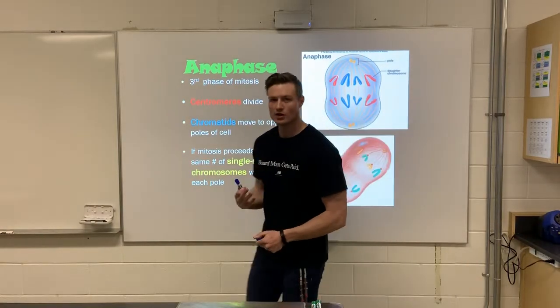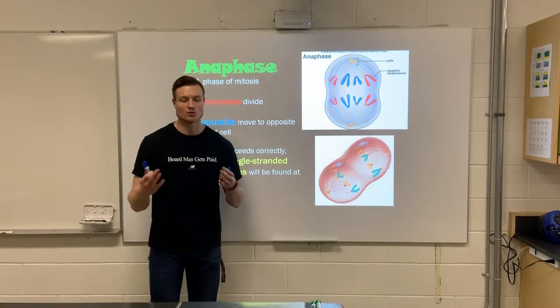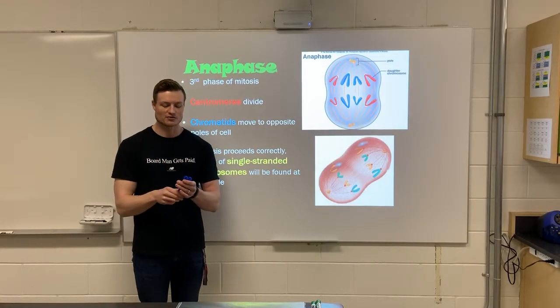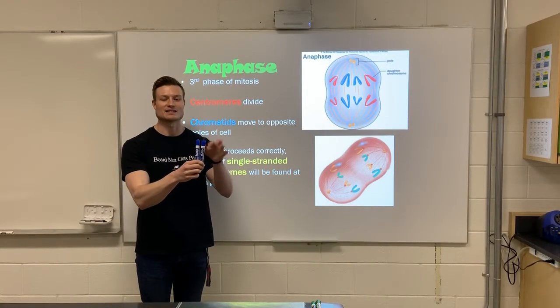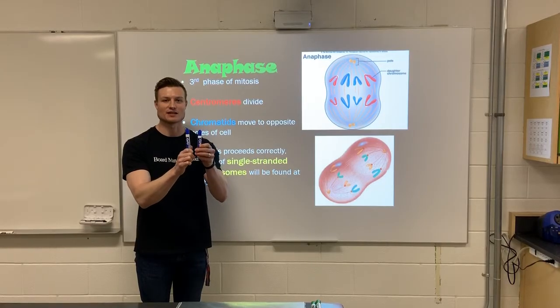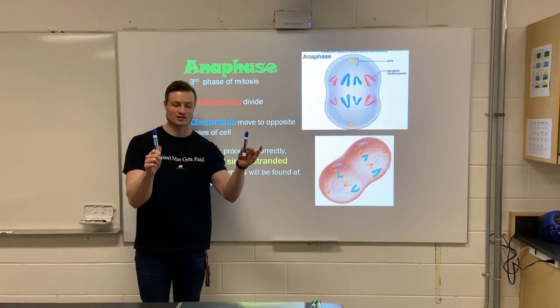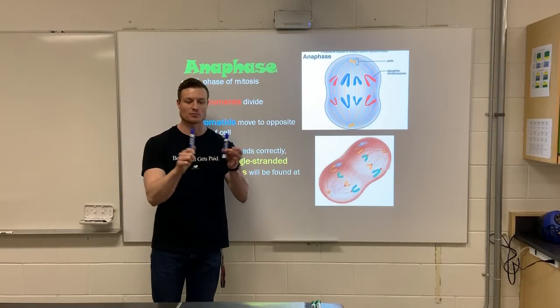Now you're probably wondering, wouldn't one cell be missing out on traits or genes? No, they wouldn't, because remember, these are exactly the same DNA on either one. So one cell gets one, the other cell gets one. That's anaphase. So now we're pulling them apart.